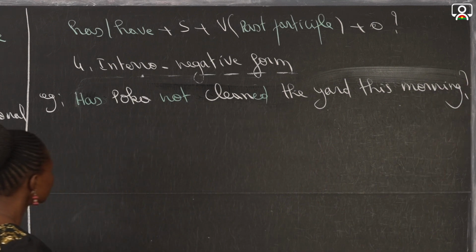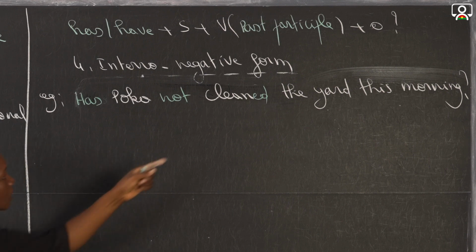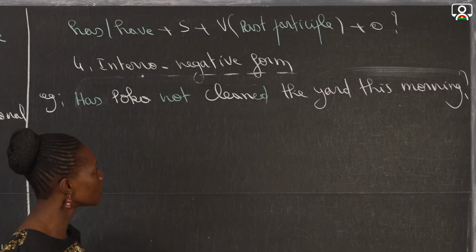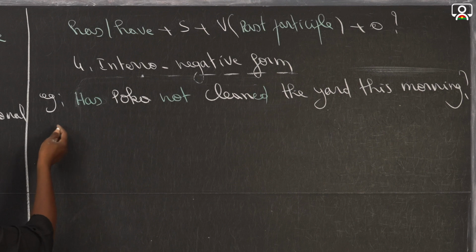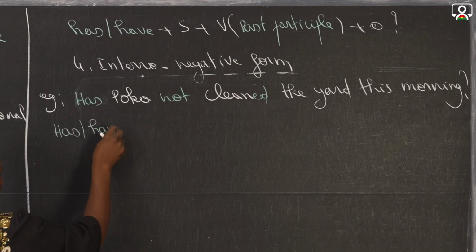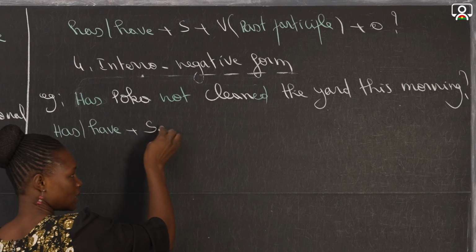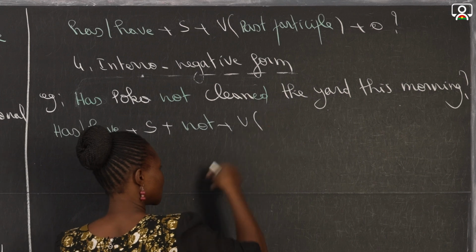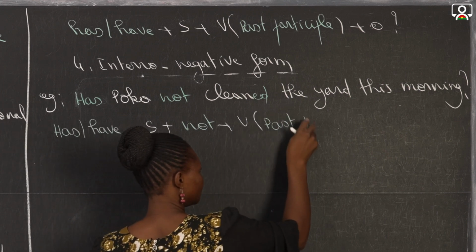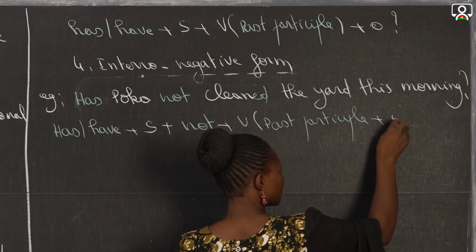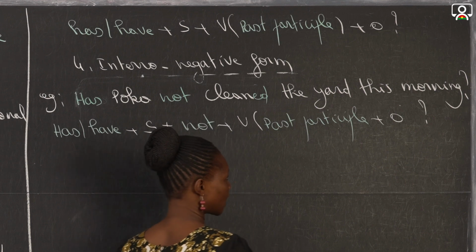Here also you have the verb to clean, which is a regular verb, so for the past participle, we add ed. As a rule, for this form, we begin with has or have, plus subject, plus not, plus the past participle, plus object and the question mark.